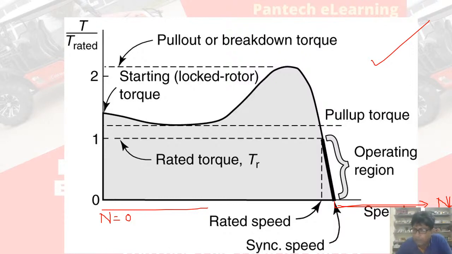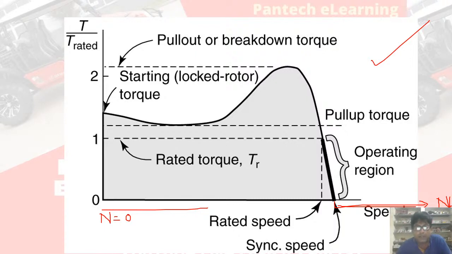Once you apply the three-phase power to the stator, immediately, as we learned yesterday, the stator space flux started to rotate. At that instant, your rotor is stationary. So the relative speed between the rotor and the stator rotating flux is maximum, and the number of flux lines cut by the rotor is maximum.